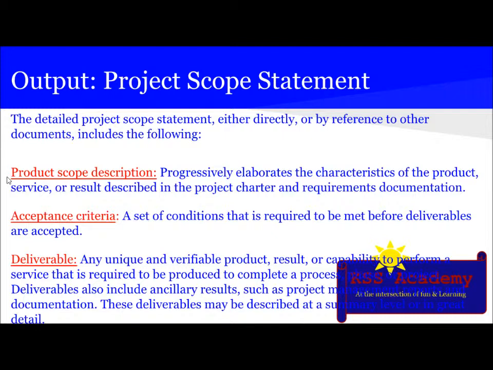It is any unique and verifiable product, result, or capability to perform a service that is required to be produced to complete a process, phase, or project. Deliverables also include ancillary results such as project management reports and documentation.